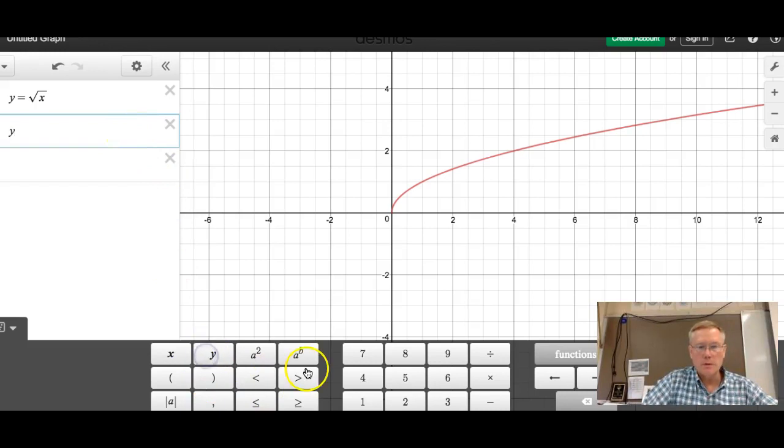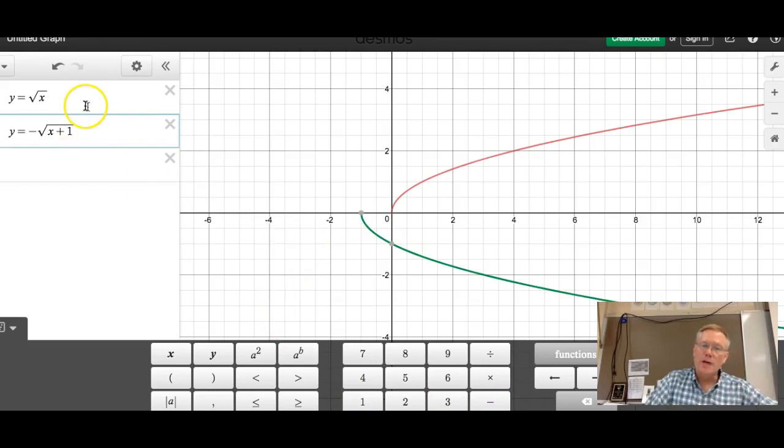So let me graph the two and then I'll describe them to you. Y equals negative square root of x plus 1 being inside the radical.